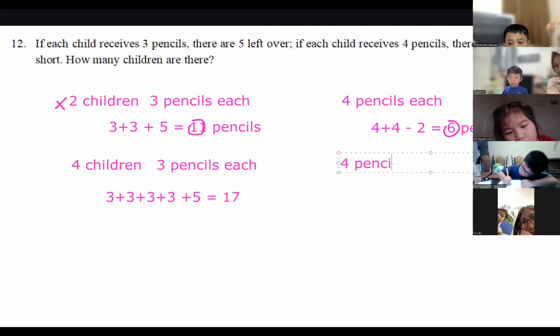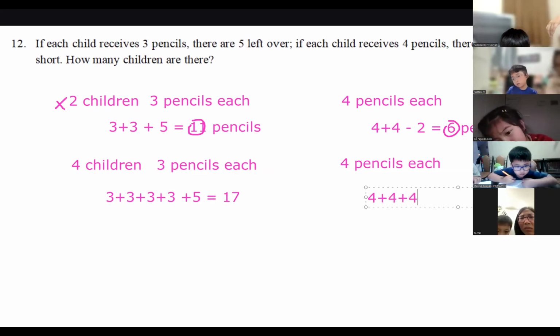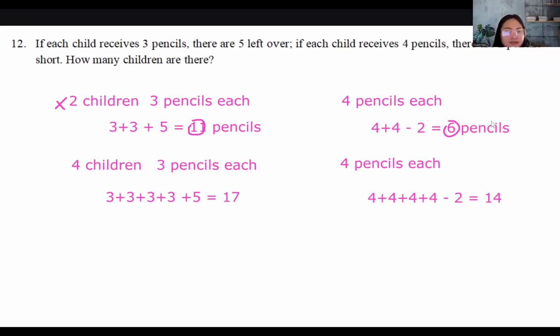Now, if they receive 4 pencils each, the total would be 1, 2, 3, 4, and it would be lacking 2. That's why we're minusing 2. So this is equal to 14. Is 17 equal to 14? The number of pencils did not change, it's just that you are distributing them differently. So 4 children is not the answer.